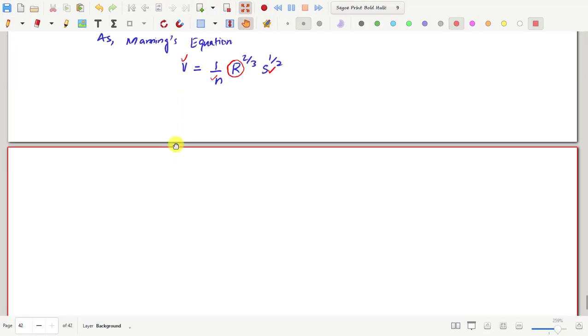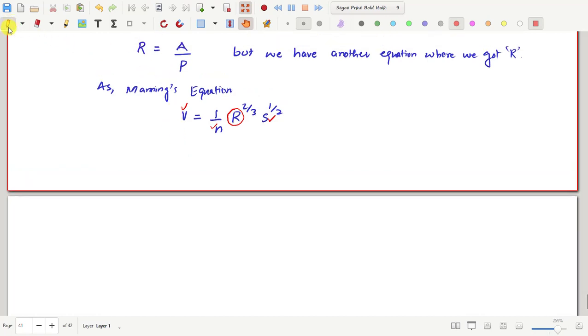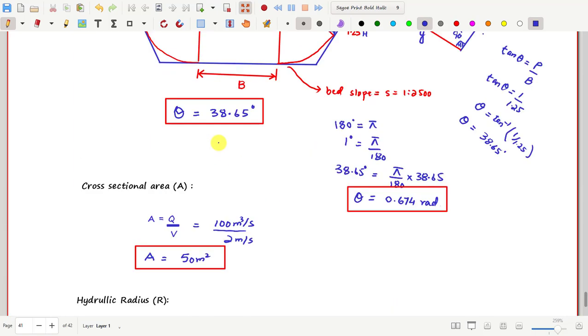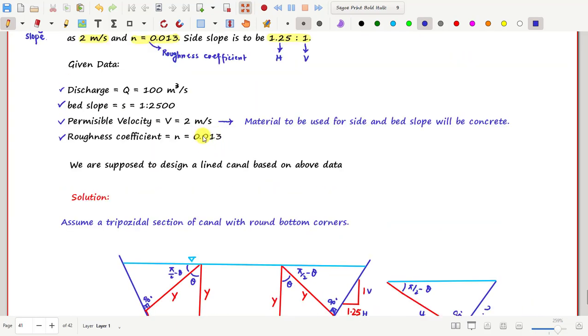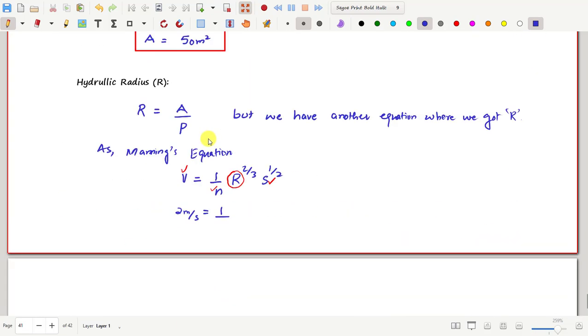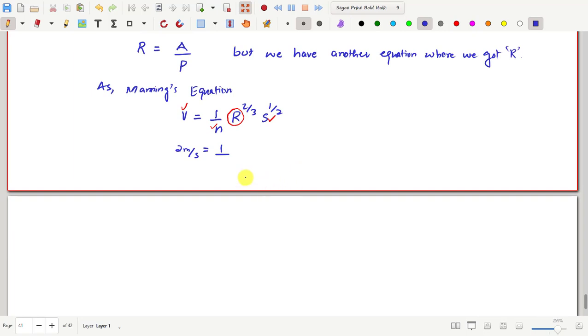So let's put the values here. V is given to us, which is 2 meter per second, which is equal to 1 divided by the value of n. The roughness coefficient is given to us, 0.013, then multiplied by R, which we need to find.